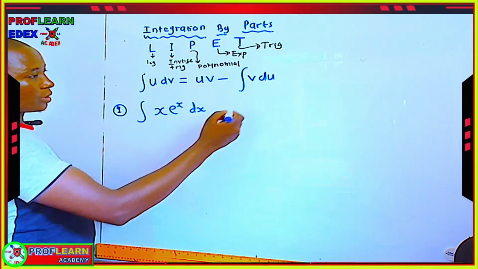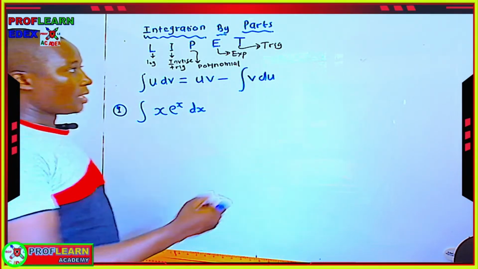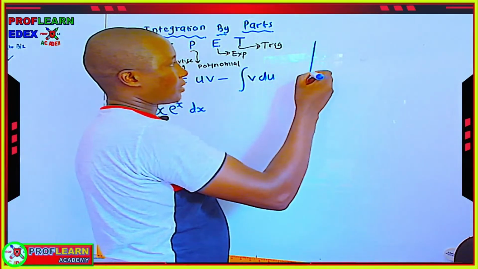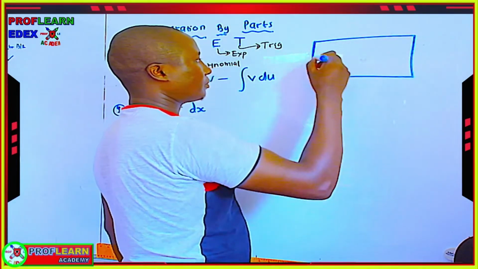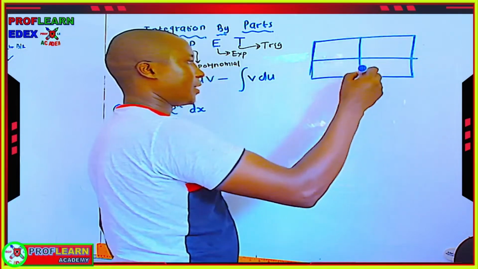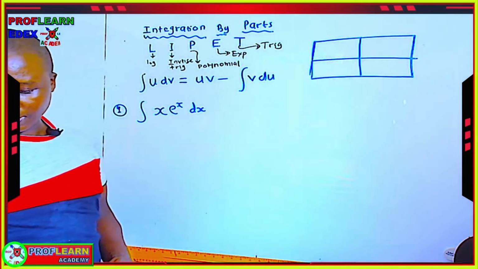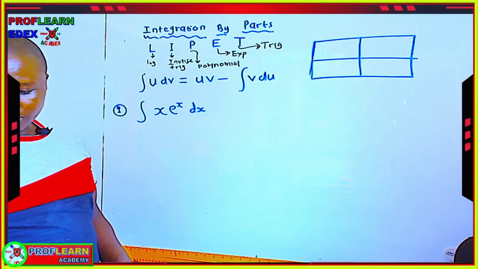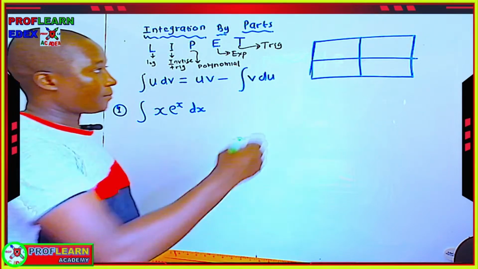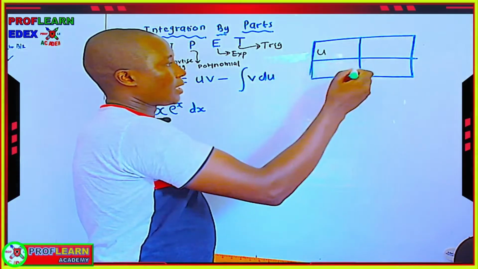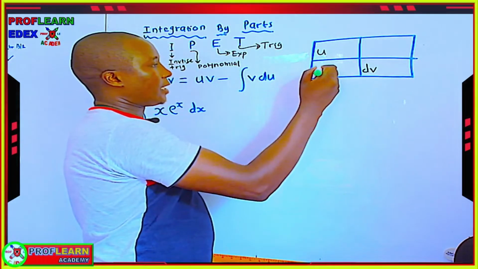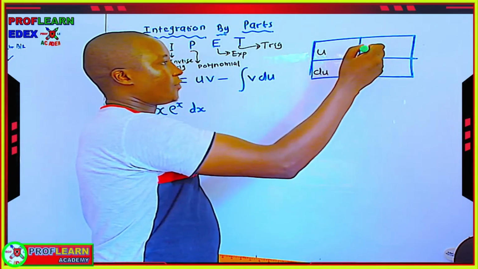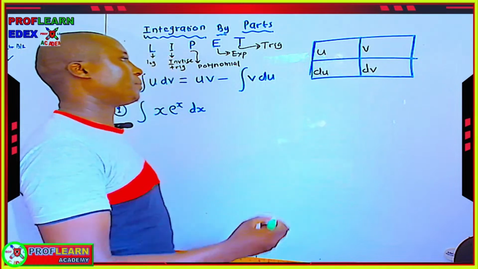This is one of the questions that we're going to integrate by parts. And when you're integrating by parts, this table is going to be very important for us. We are going to have a table that looks like this. In one part, we are going to say this is u, and then this one is going to be dv. Then here we shall have du, and here v.